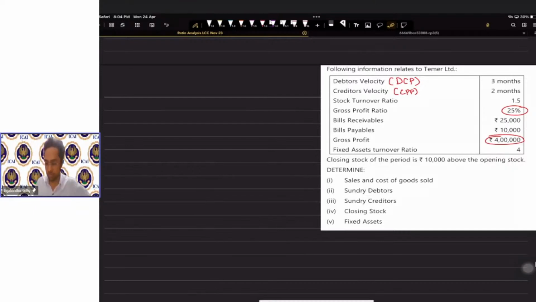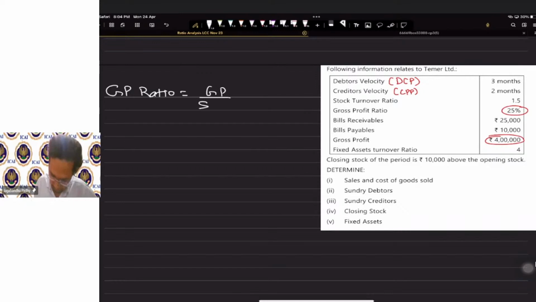We need to compute the sales value also, right? So sales, we can compute using this ratio. We know GP ratio is gross profit upon sales into 100.